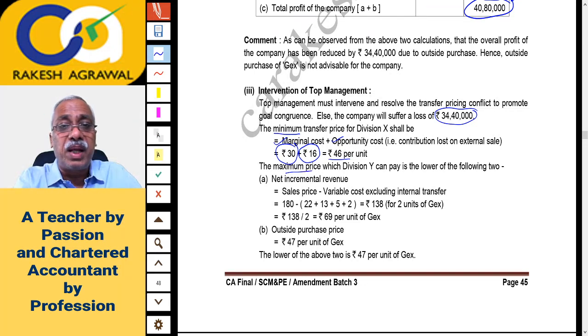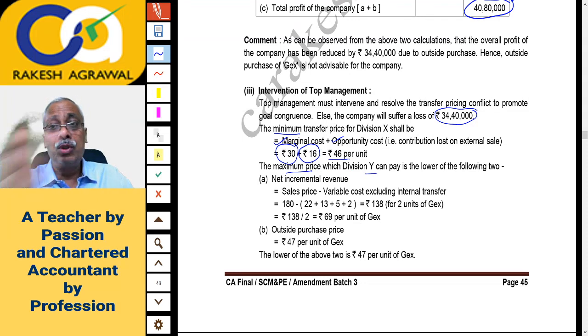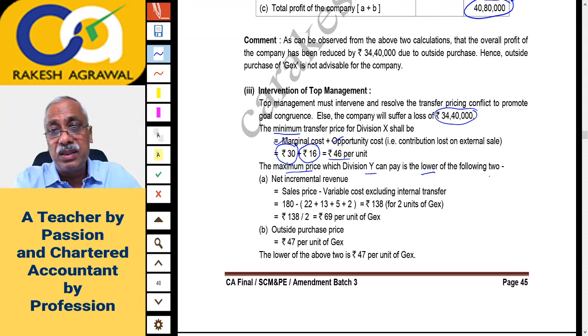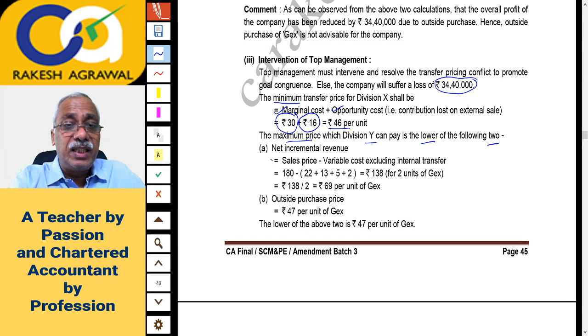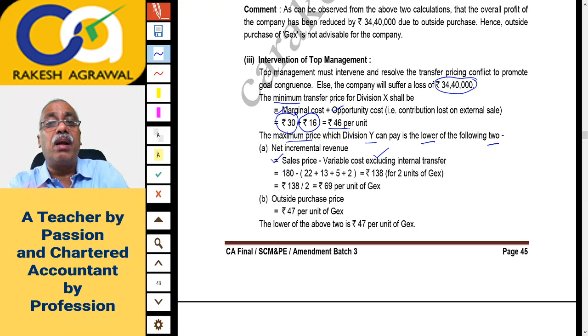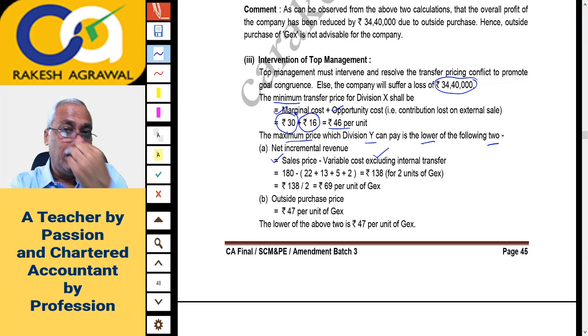And the maximum price which division Y can pay is the lower of the following two. We have discussed this in the regular batch. One is net incremental revenue, which means the sales price of division Y minus all other variable costs other than internal transfer.